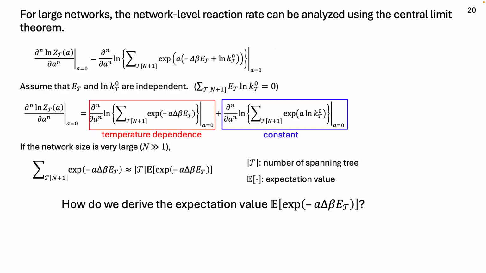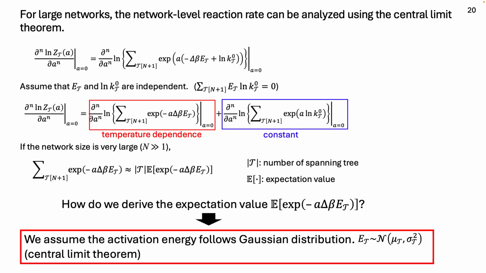So if we derive the expectation value of this function, we can analyze the temperature dependency. But how to do it? Using the central limit theorem, we assume the activation energy follows a Gaussian distribution. It's a natural assumption if the network size is very large and non-biased.